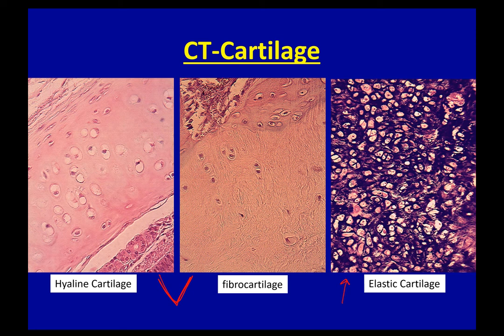So again, when you're looking at the cartilage histology, it's a good idea to look at it side by side by side, that way you can really see the differences. So hyaline cartilage, this one right here, looks like deviled eggs in red jello, but the red jello is completely smooth.